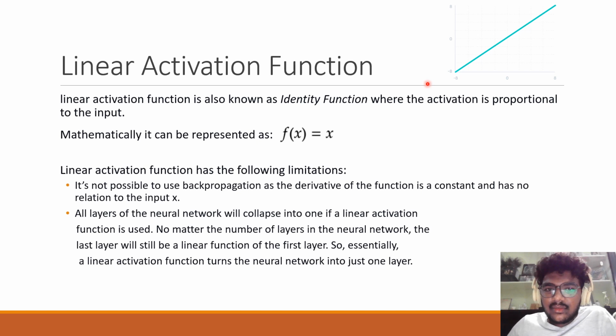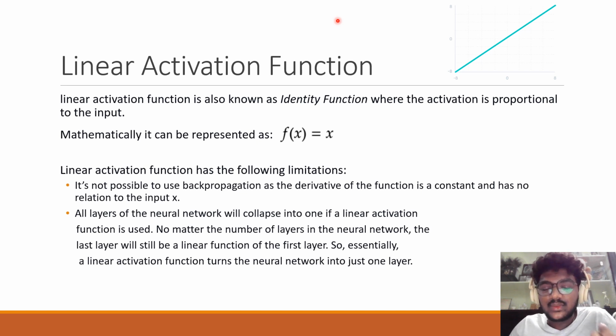And when we talk about why we would not use a linear activation function, all the layers of the neural network will collapse into one if a linear activation function is used. No matter the number of layers in the neural network, the last layer will still be a linear function of the first layer.